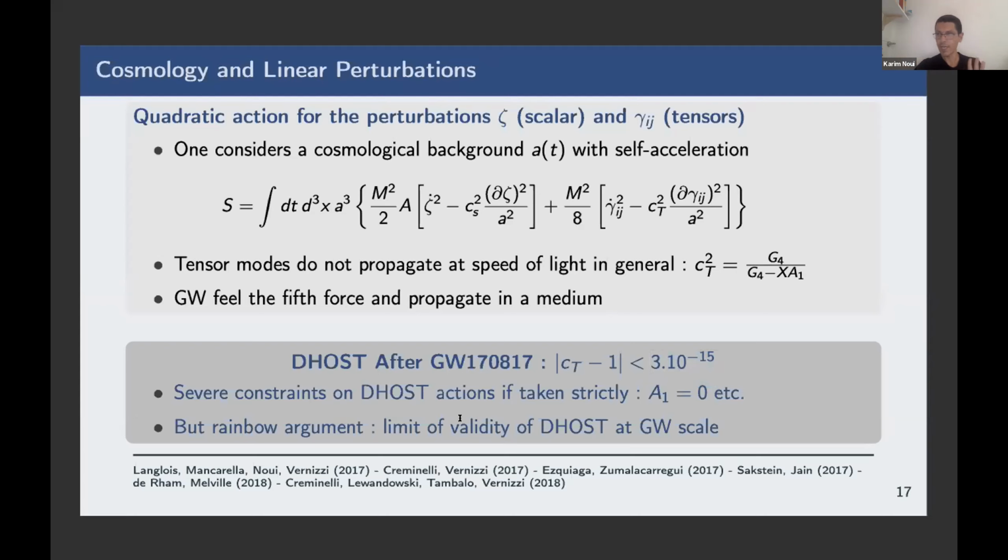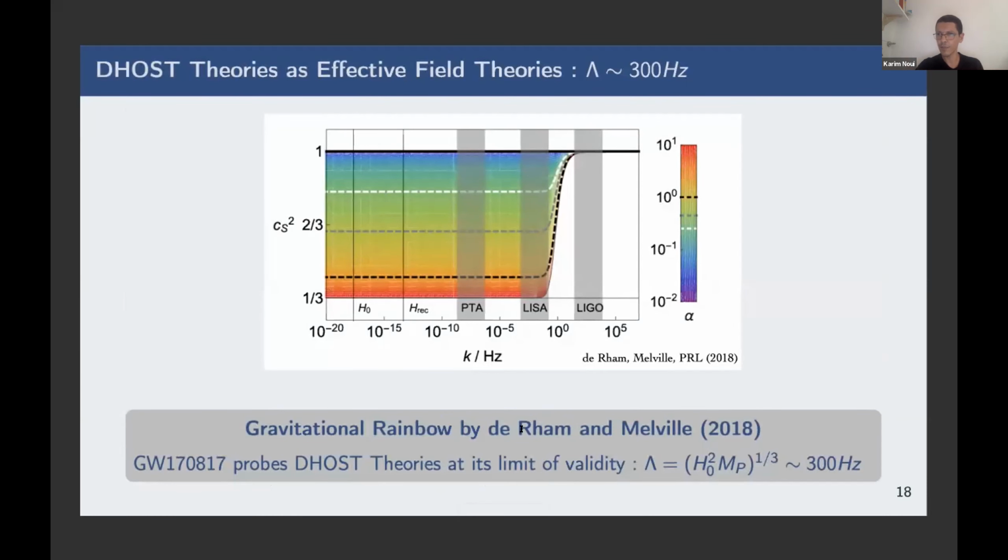But we have, and I'm going to finish with that, so I'm sorry to be late, in fact, we have to take this constraint very carefully, because with LIGO and Virgo, we are probing those theories at their limit of validity. And this is the famous rainbow argument, which was very well explained by de Rham and Melville a few years ago.